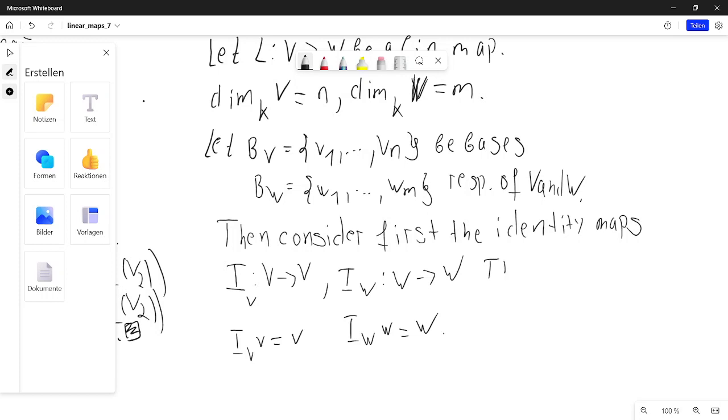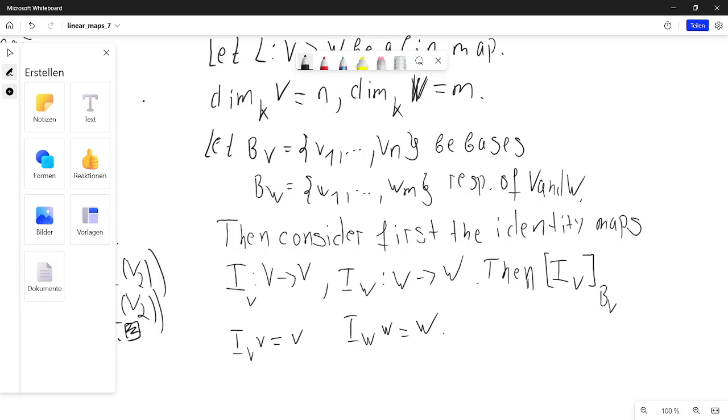Then we now consider different representations of the identity map. And yeah, you might ask yourself, what the heck? Why? Well, you'll see.